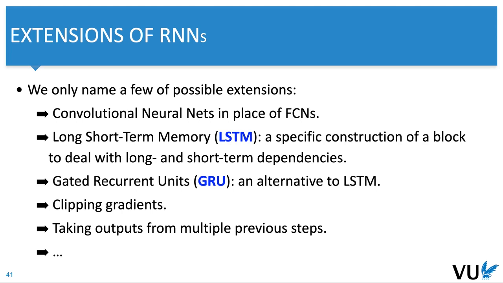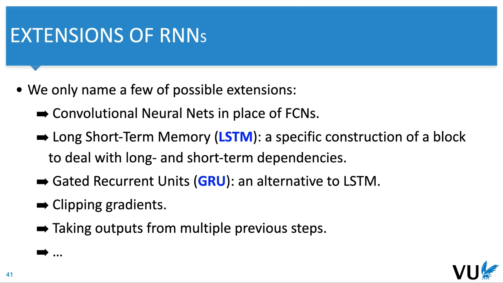There are two ideas how to deal with remembering what's going on in the beginning. There is the idea of clipping gradients. In backpropagation through time, you don't update everything to the beginning. You just cut it at some point. You clip gradients not to blow up or vanish or something like that.